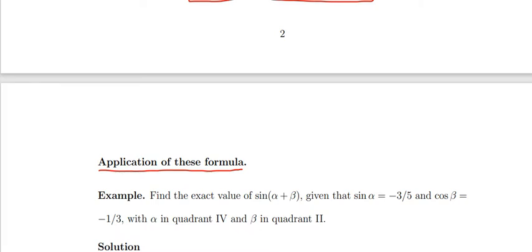We can call those problems "given two": if you give me two angles, then we can find their sum or difference.